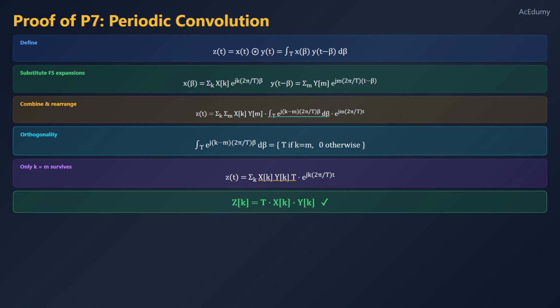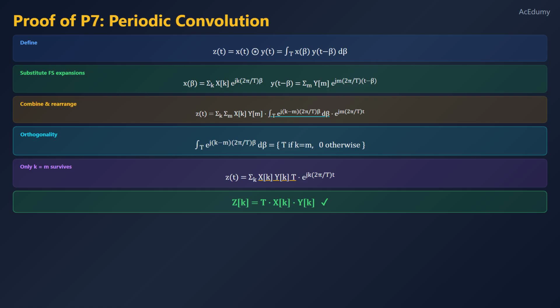Substituting into the integral, z of t equals the double sum over k and m of x of k times y of m, times the integral over one period of e to the j times k minus m times 2 pi over T times beta d beta, times e to the j m 2 pi over T times t.